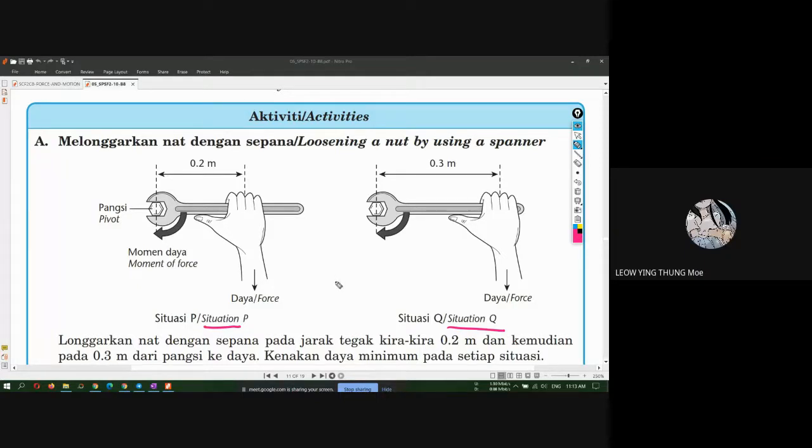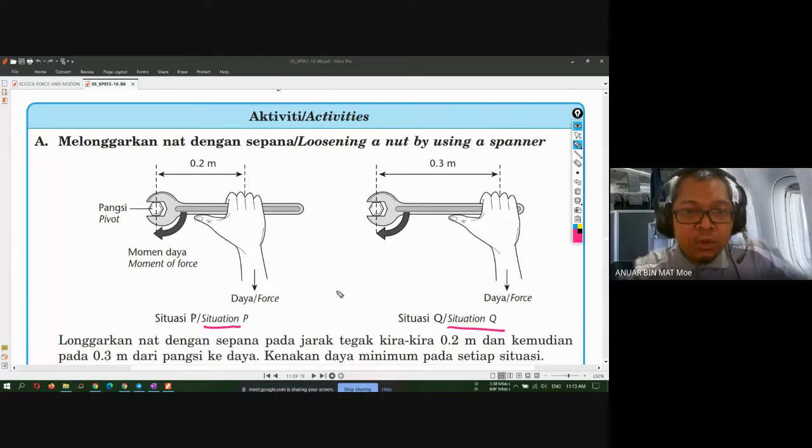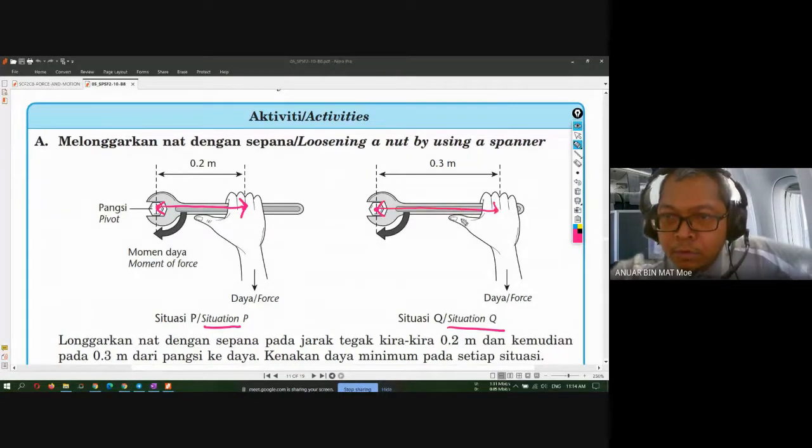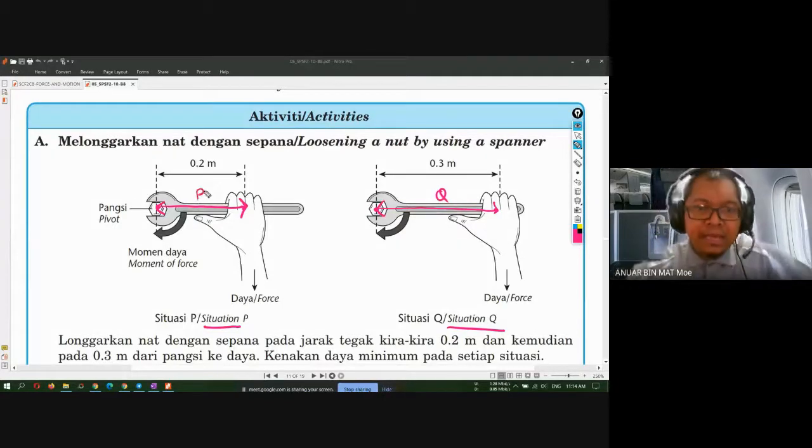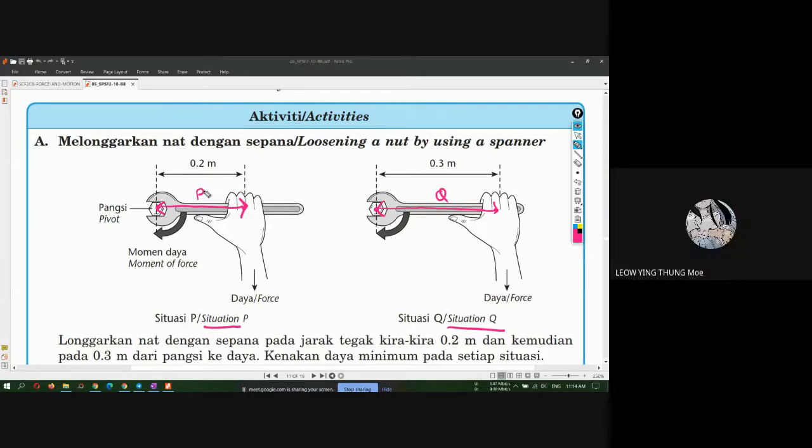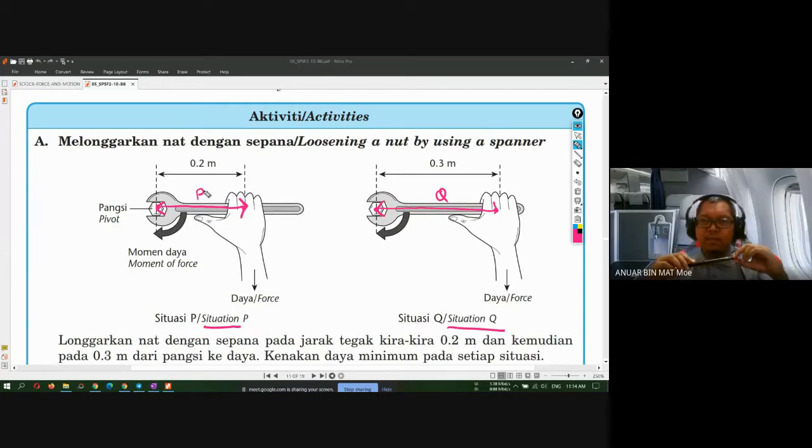Which has the greater moment of force, you think? Situation P or situation Q? The longer distance from pivot to effort, the shortest distance or the longest distance? Which one? Q or P has the largest moment of force? Q. Q, you must remember.